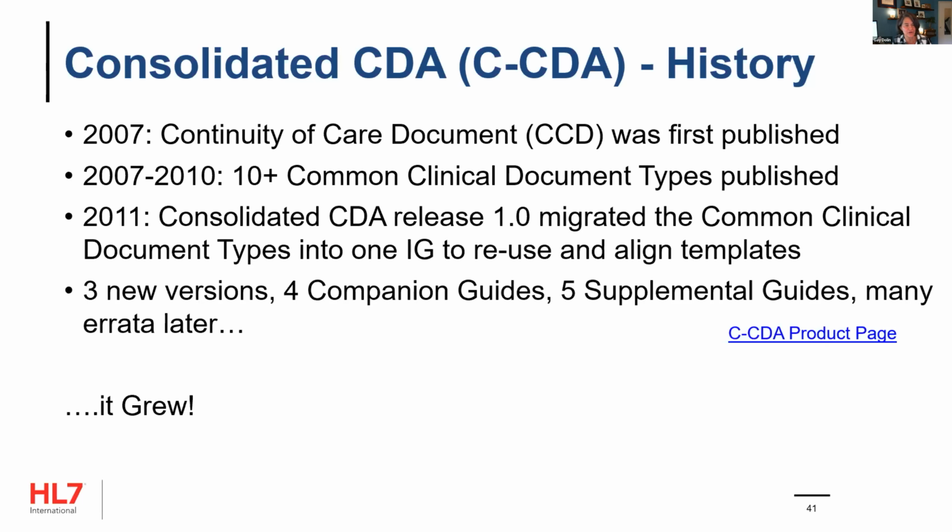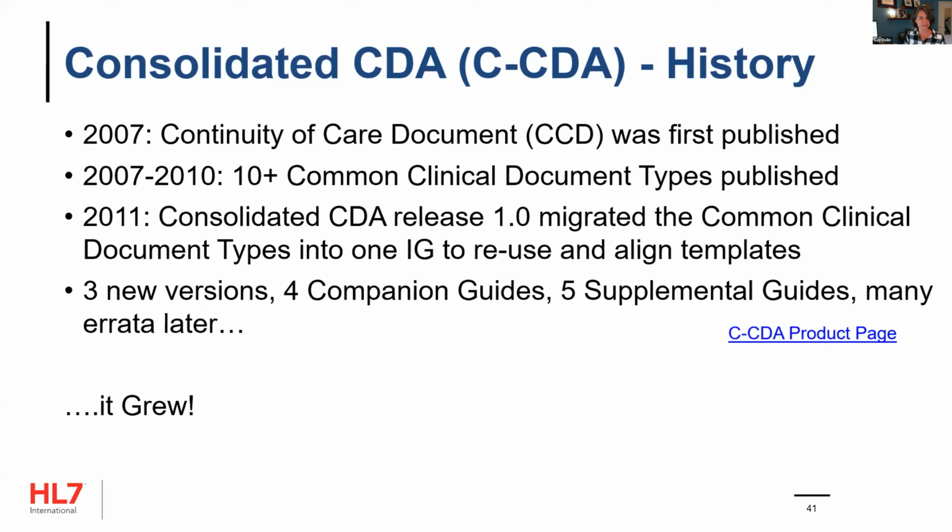Between about 2007 and 2010, 10 or more common clinical document types were published, meaning the kinds of documents most frequently used in the clinical setting: history and physical, operative note, procedure note, and more, all based on the CCD. I used to describe the CCD as the front sheet in an old paper chart that gave you the overall glimpse. Honestly, that was how it was intended, but of course it grew over the years.